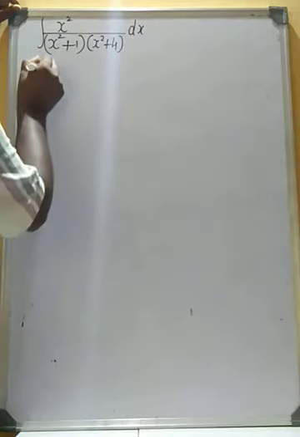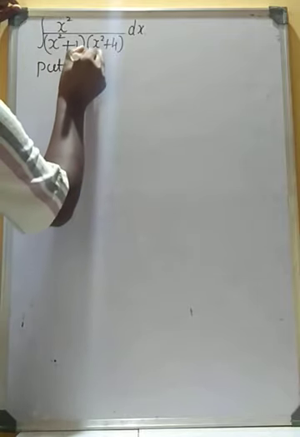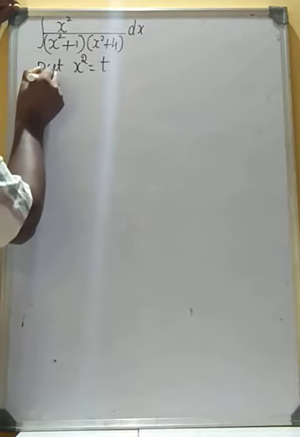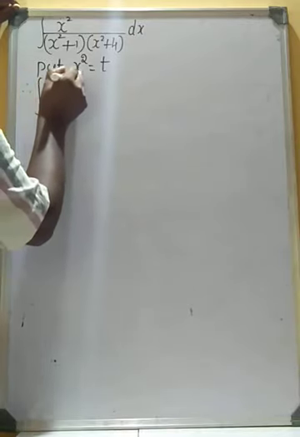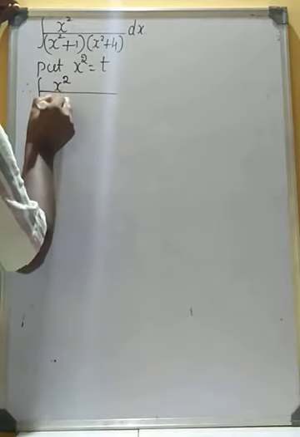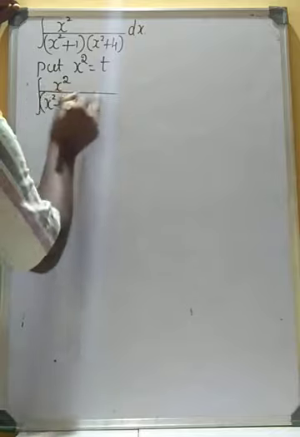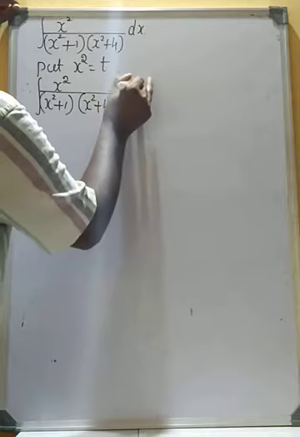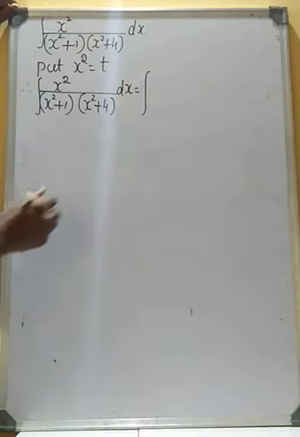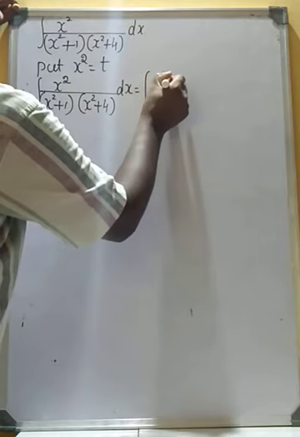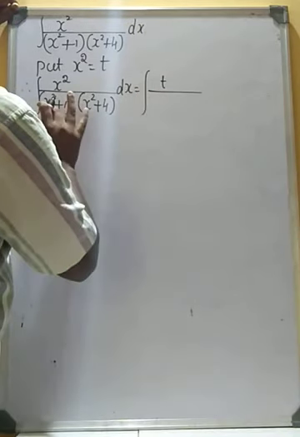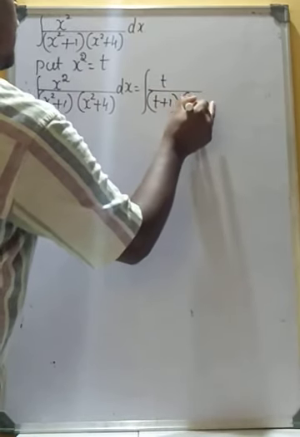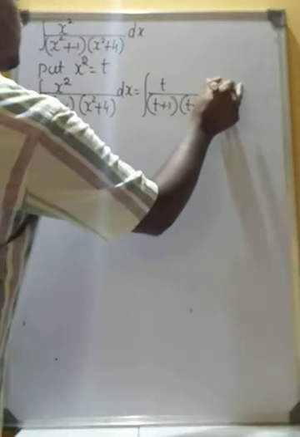So now put x square is equal to t. Therefore, given integral of x square by (x square plus 1) into (x square plus 4) into dx is equal to integral of x square is t dividing by x square plus 1, that is t plus 1, into t plus 4, into dx.